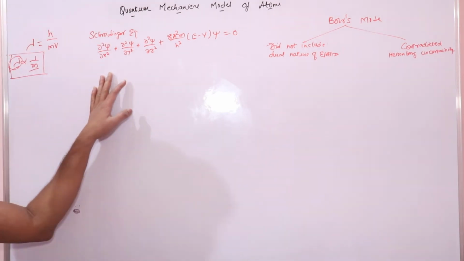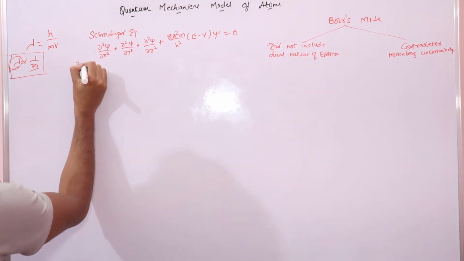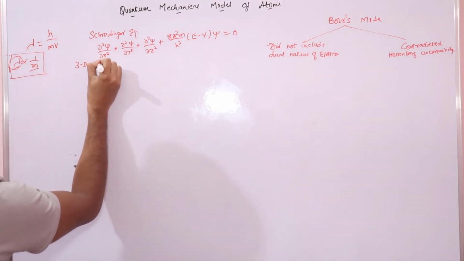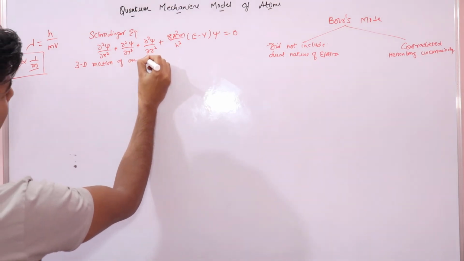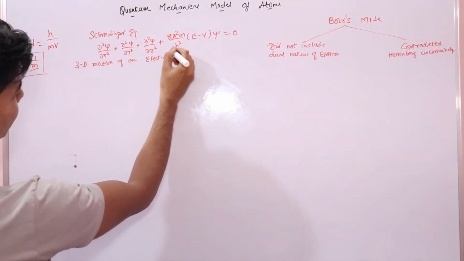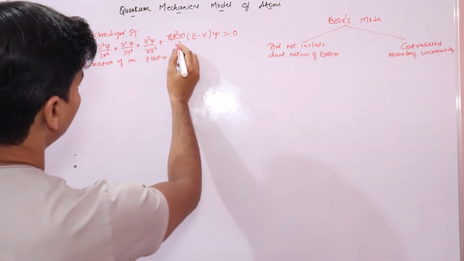This is a three-dimensional equation. In our case it tells us the three-dimensional motion of an electron around the nucleus, which is a microscopic particle, since we are only dealing with microscopic particles in quantum mechanics.